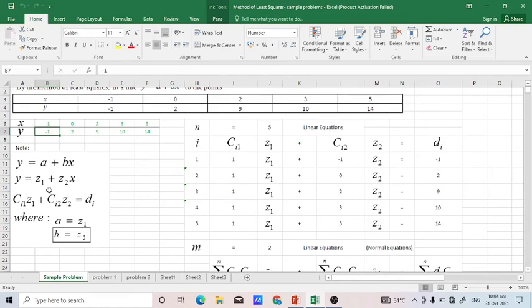Okay? Yung y ko naman, y sub i, gagawin ko siyang d sub i. Okay? It's up to you kung ganito na kasi yung prefer ko, no? So, where a equals z sub 1, b equals z sub 2. No? Okay, so ito yung ating example. Okay, meron tayo ditong n equals to 5.